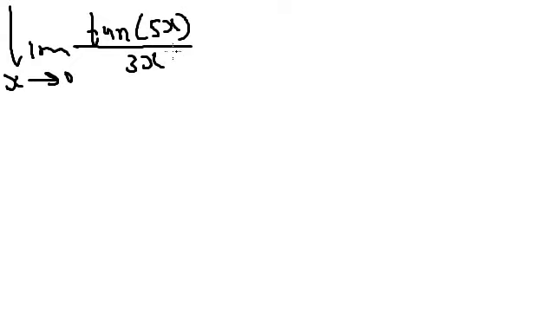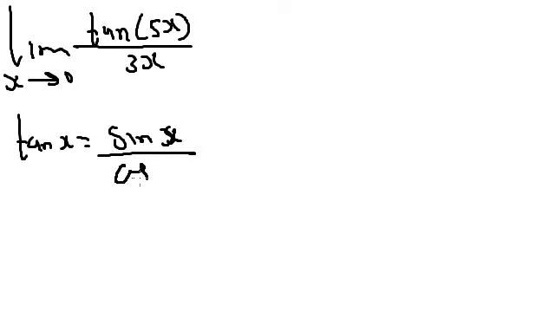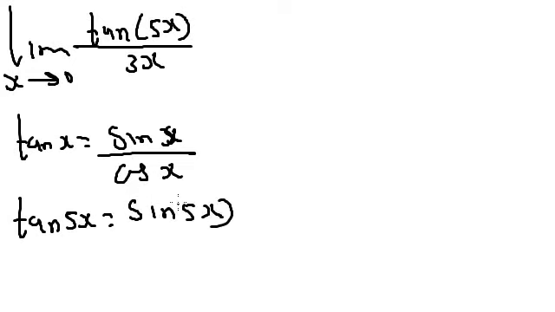Now, if you recall, we said that tan x is equal to the ratio of sine x to cosine x, which means that tan 5x will be the ratio of sine 5x all divided by cosine 5x. So that's a good substitution.